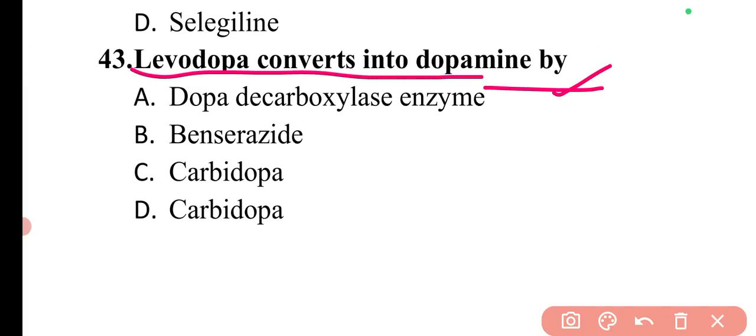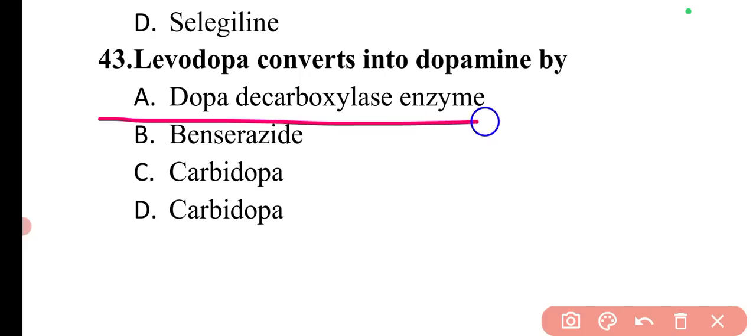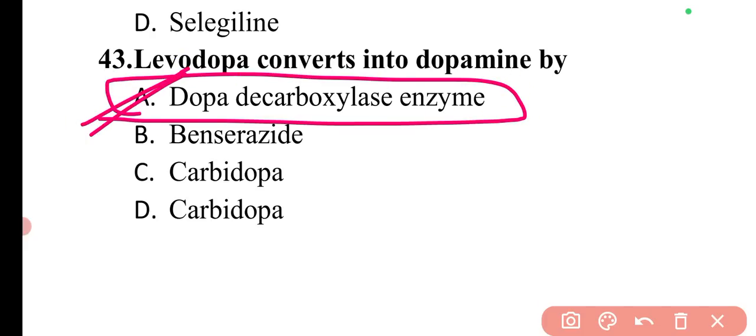So by which enzyme will this conversion be possible? Dopamine is basically the requirement, and levodopa is the precursor. Levodopa can easily cross the blood-brain barrier and reaches the systemic circulation as well. So levodopa converts into dopamine by the dopa decarboxylase enzyme. So here option A will be the correct answer.